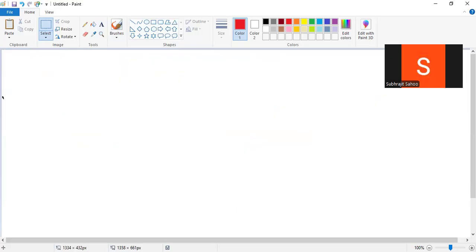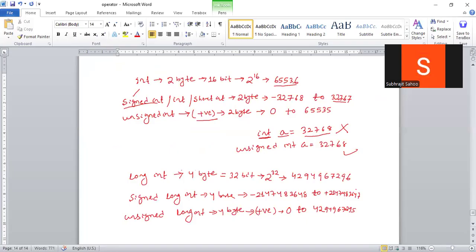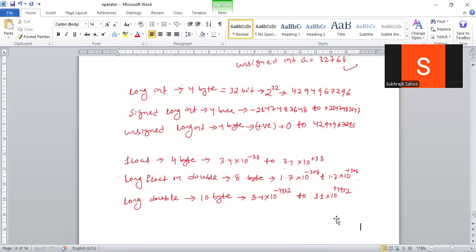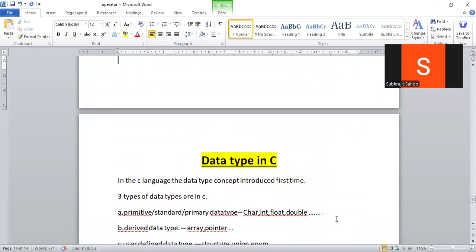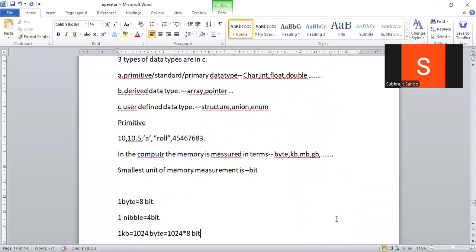So this is all about the data types and their storage capacity. For this time, this many data types are enough. In the coming classes, we will discuss what other data types there are, such as derived data types, arrays and user defined data types.